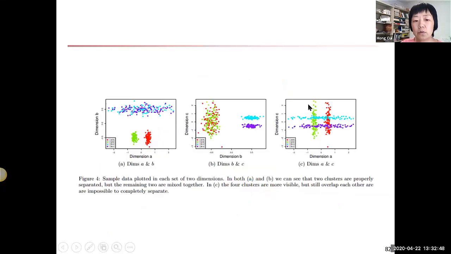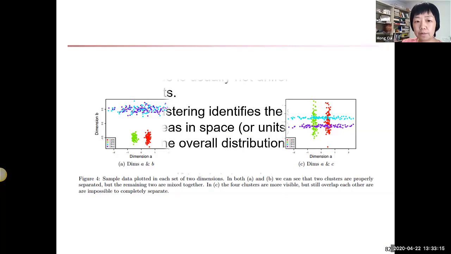You could also project it into two-dimensional data where you can see very clear clusters. If you divide the task into lower dimensions, in dimensions A and B you can find two clear clusters, and in dimensions B and C you can find another two clear clusters. So that's the idea of CLIQUE.